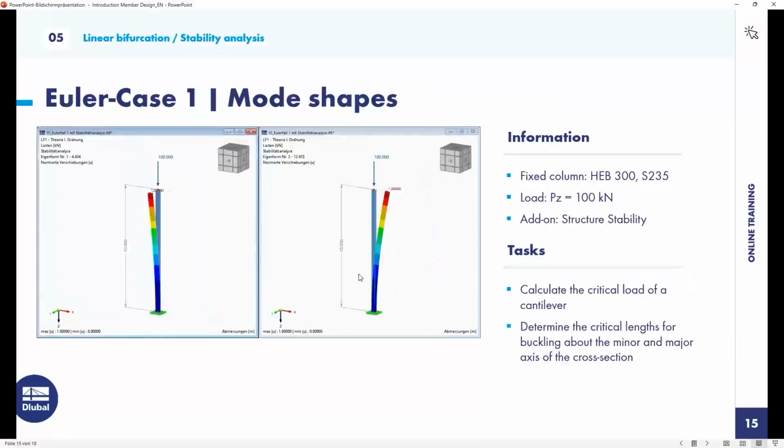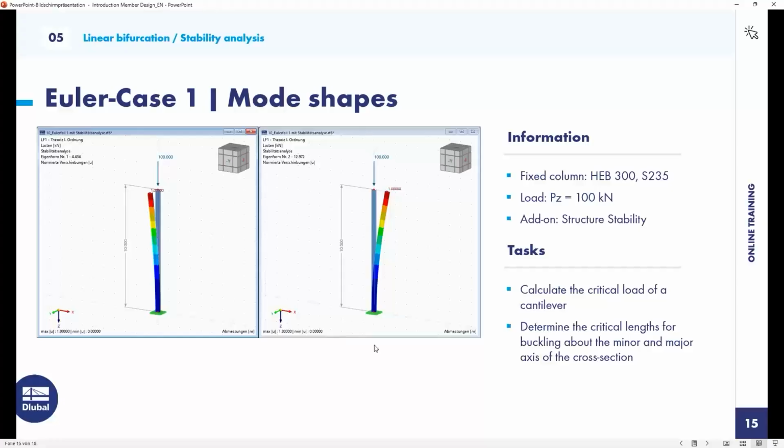Okay, and here we have the column again with the same geometry. This time we only have the vertical load of 100 kilonewton, and in this example we want to activate the add-on structure stability and calculate the critical load of this beam.